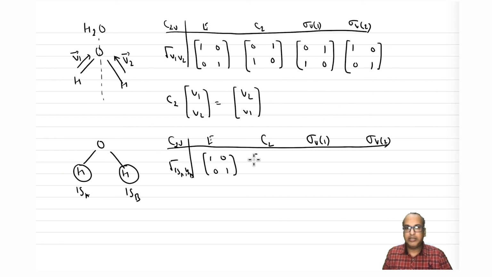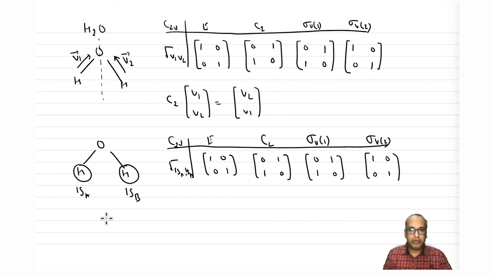As you can see, this will be exactly the same as above. The s orbitals will be replaced with each other in the C2 operation, so we have 0 1 1 0. Sigma V1 will also reflect 1sA into 1sB, so we have 0 1 1 0, and for sigma V2, 1 0 0 1.